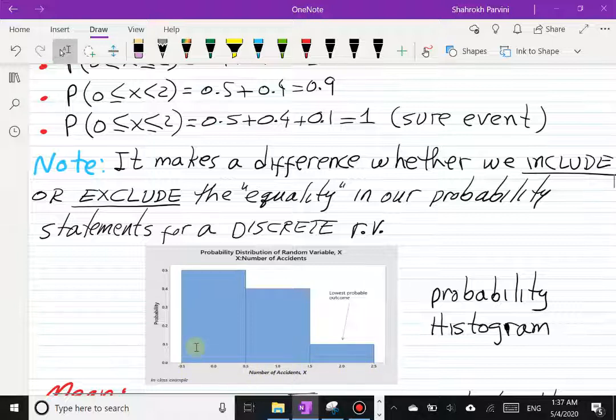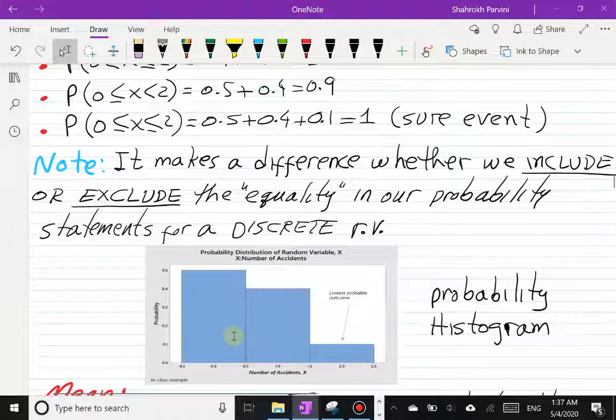To me, it gives the impression of continuity. And remember, these are discrete random variables. There is no continuity between the scores, right? You have gaps between numbers, but these bars tend to hide or mask those gaps.